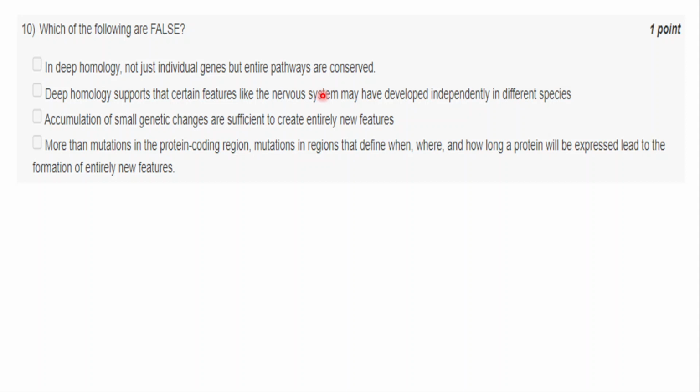Is accumulation of small genetic changes sufficient to create entirely new features? And when, where, and how long a protein will be expressed, mutation in those regions will define the formation of entirely new features. So let's wait and collect some answers.